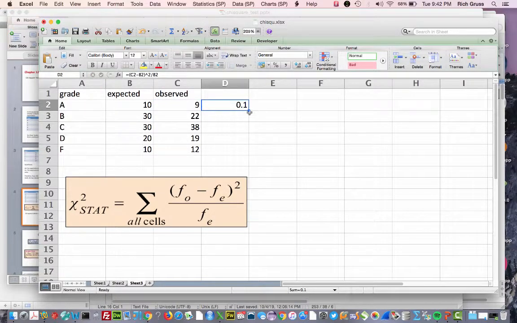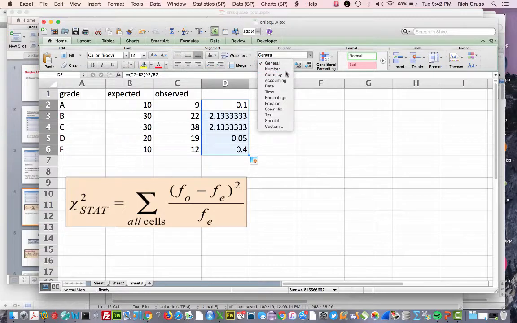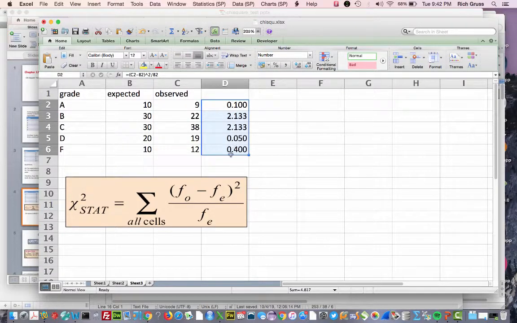And we can just drag that down, and remove the number of decimal places. The copying and pasting seemed to work.